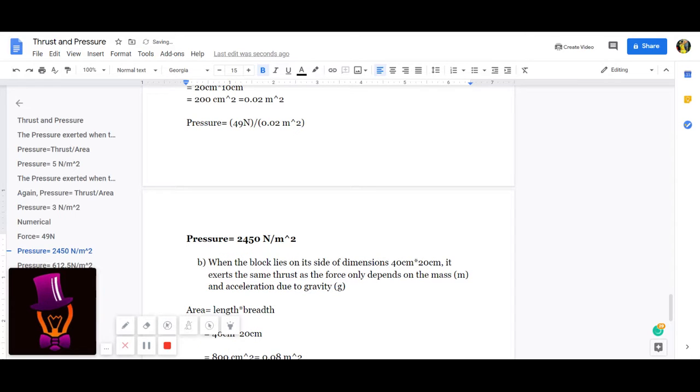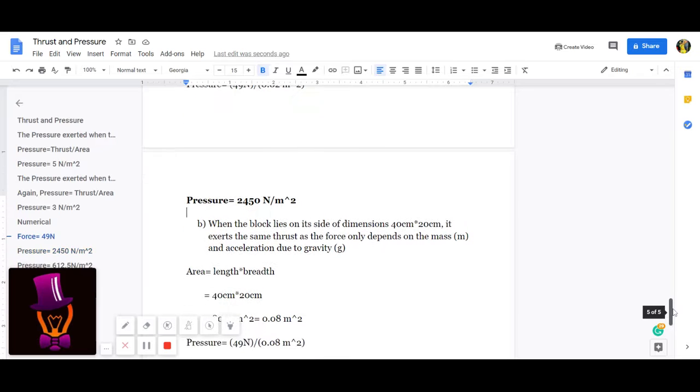Now part B. When the block lies on its side of dimension 40 cm into 20 cm, it exerts the same thrust, as the force only depends on the mass, which is denoted by small m, and acceleration due to gravity, which is denoted by small g. Again, we know area is equal to length into breadth.